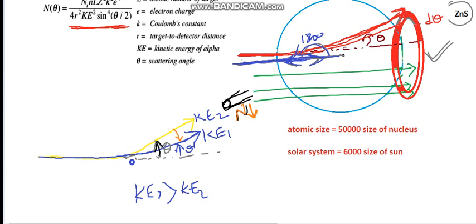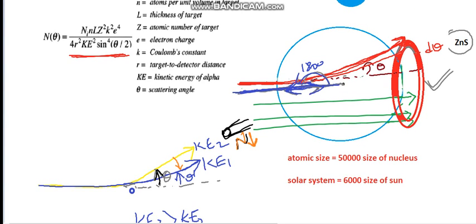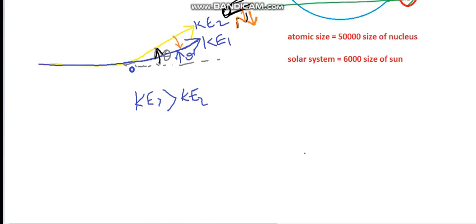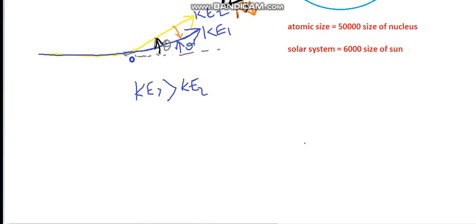So if you are increasing kinetic energy, the number of alpha particles scattered at a particular angle will be decreased. If you are decreasing kinetic energy, the number of alpha particles will be increased for that particular angle.